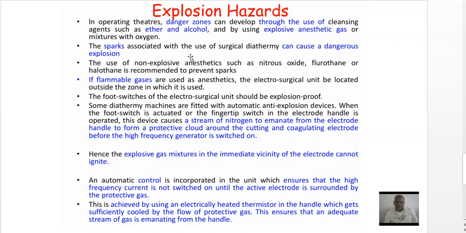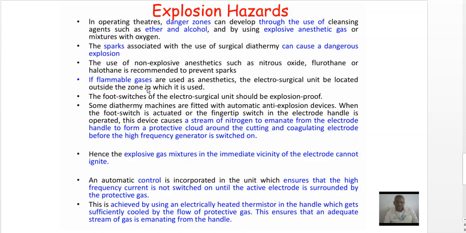The sparks associated with the use of surgical diathermy can cause a dangerous explosion because of this explosive anesthetic gas, ether, alcohol, like that. So there should not be any spark. Because of this spark, it can cause a dangerous explosion. The use of non-explosive anesthetics such as nitrous oxide, fluorothane or halothane is recommended to prevent spark.